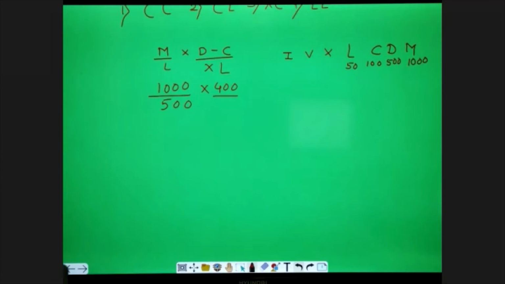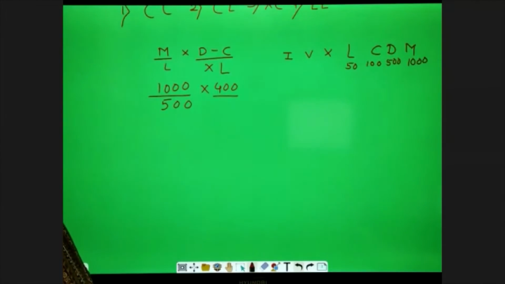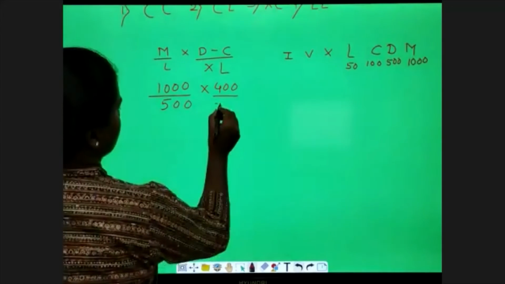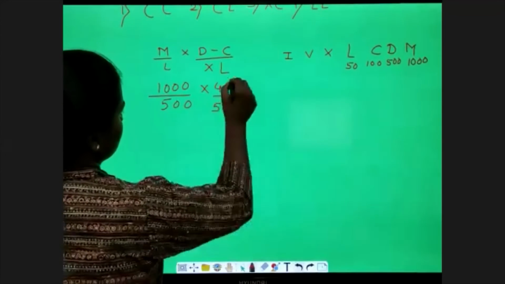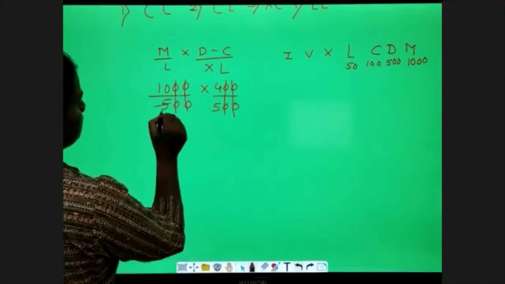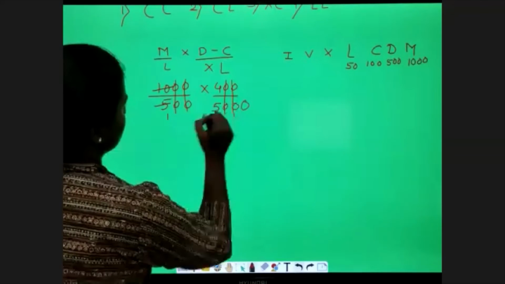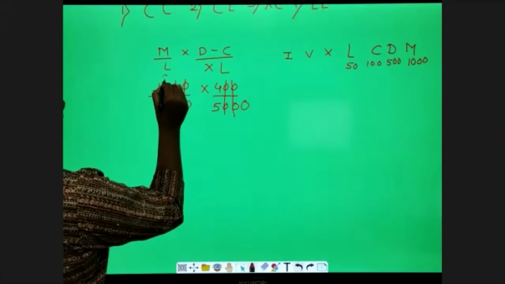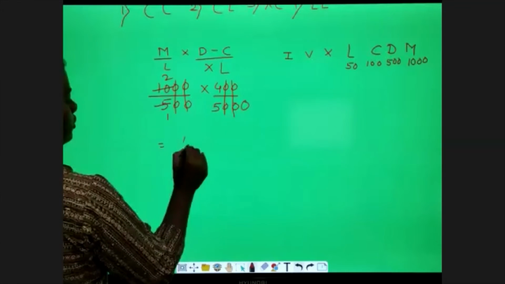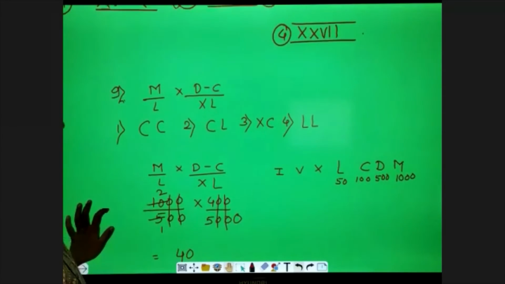And XL. X multiplied by L. Right? Something, somewhere it is going wrong. Oh, here a 0 is left. So it will be 40.